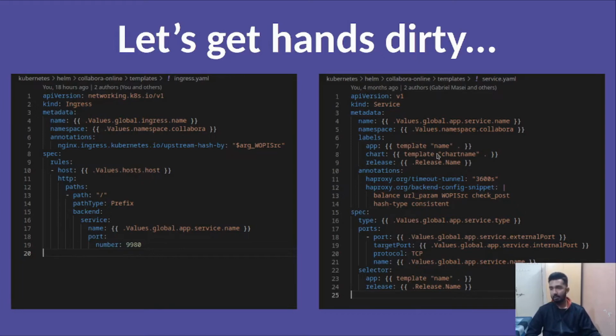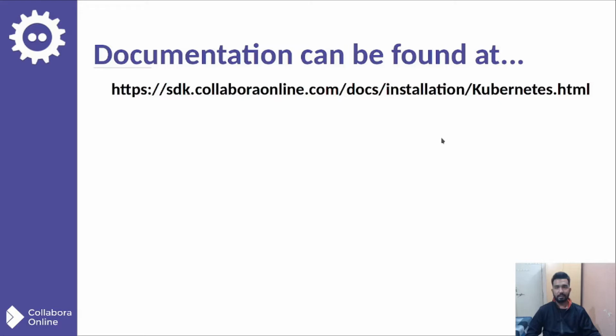As I said, I have provided configuration for that, and that configuration can be found at this link. In today's demo, I'm going to follow the same steps provided on this link. So let's get started.